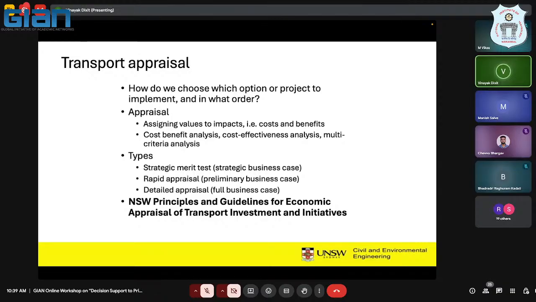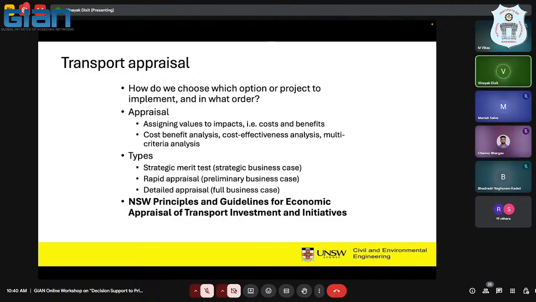The next one is a rapid appraisal. A rapid appraisal is doing an initial test of whether it actually makes sense or not, right? Just doing a desktop analysis of whether we should be looking at improving the road or putting in public transport, just an initial assessment before you even do a detailed appraisal, because modeling is not a cheap exercise, right?